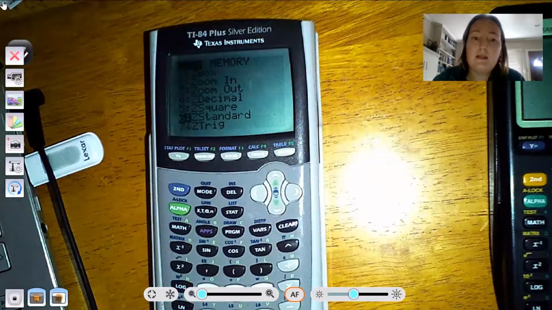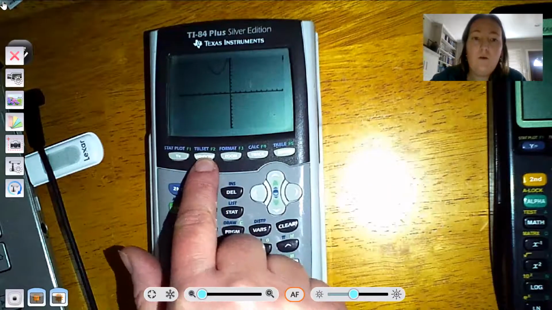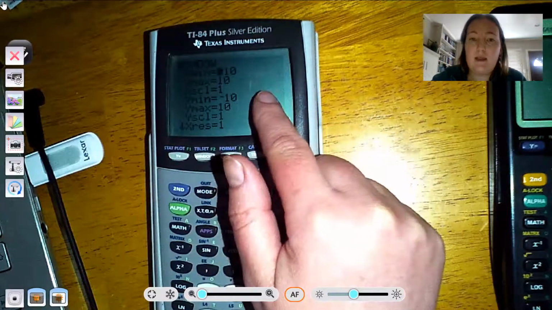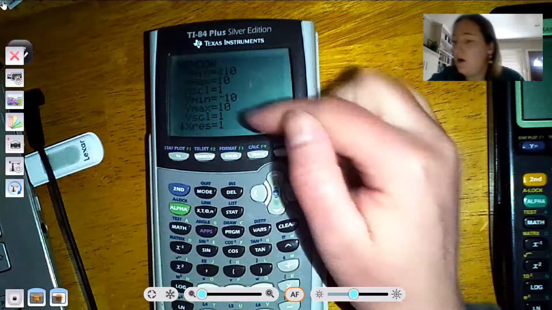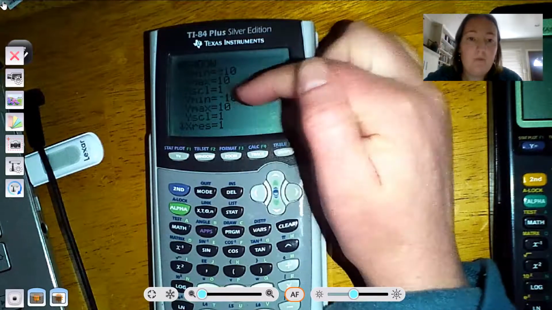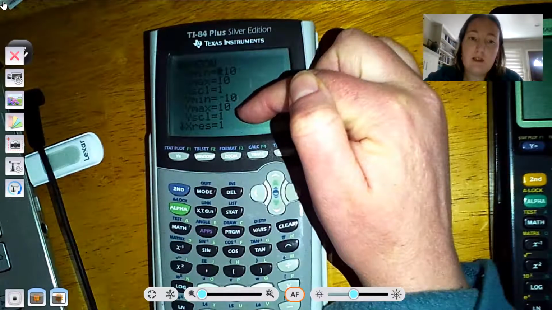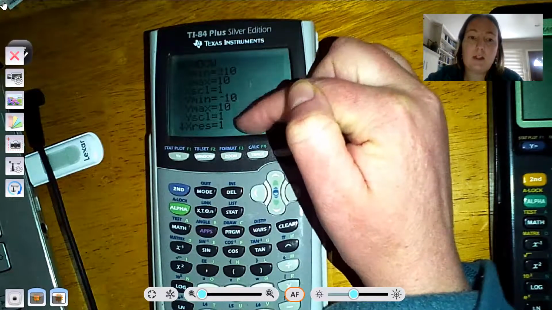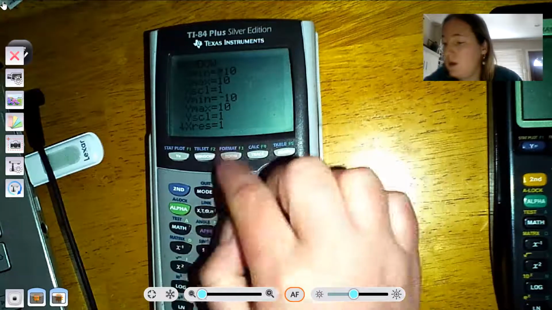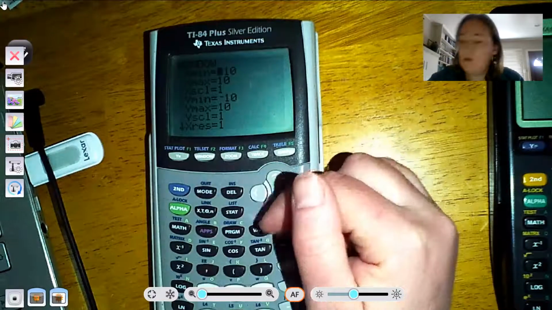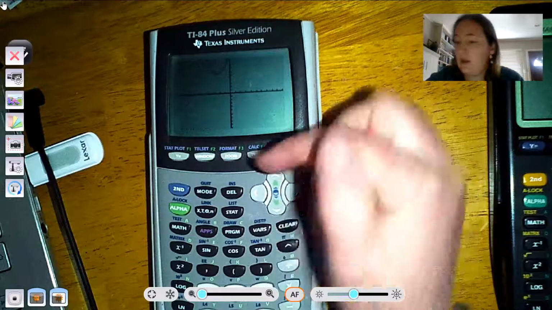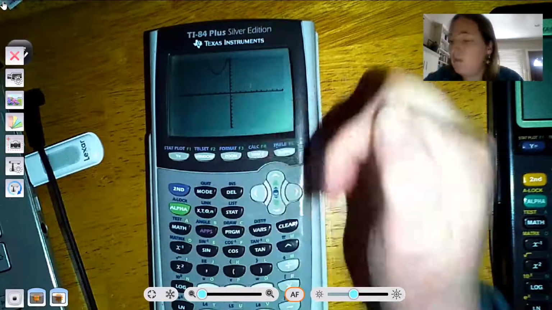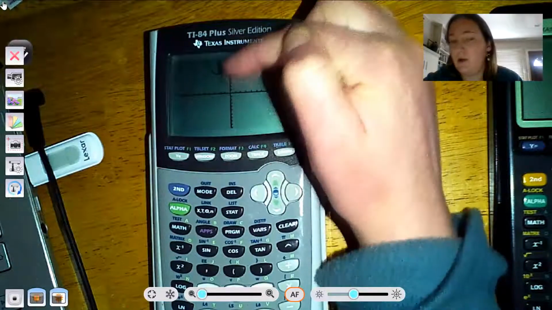And standard means that the window is going from -10 to 10 in the x direction, the horizontal direction, and each tick mark is 1. And it's going from -10 to 10 with each tick mark being 1 unit in the y direction, the vertical direction. So when I graph, I'm going from -10 to 10, and each tick mark is 1 unit.